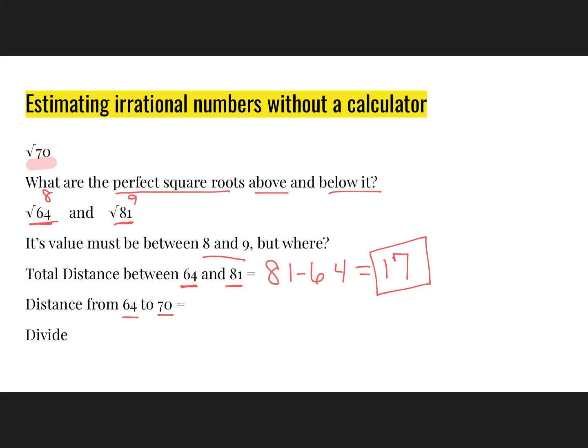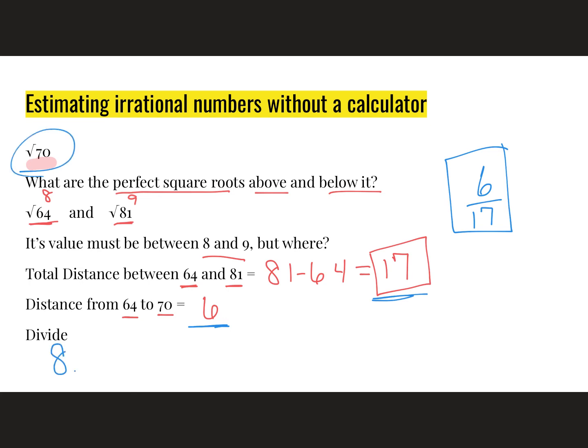So to get from 64 to 70, it's simply 6. All you're going to do then is take this number and divide it by this number. So it's going to be 6 over 17. This is finding the decimal portion of my 8, of my square root here. So it's going to be 8 point something. And to find out what, I do 6 divided by 17.